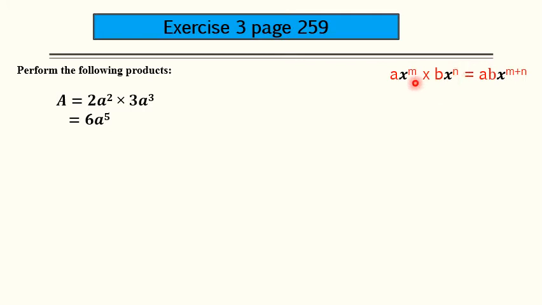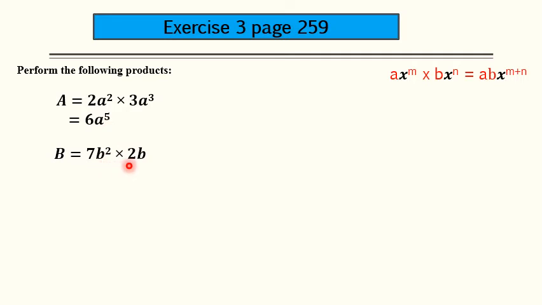When we are multiplying the same bases with different powers, I have to add the powers. So it's a to the power m plus n. So here 2 times 3 is 6, and a power 2 times a power 3, I have to add the exponents, so it will be a to the power 5.